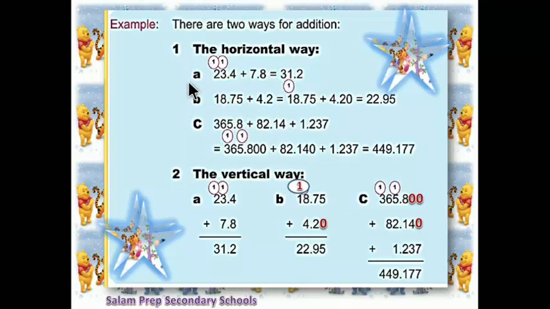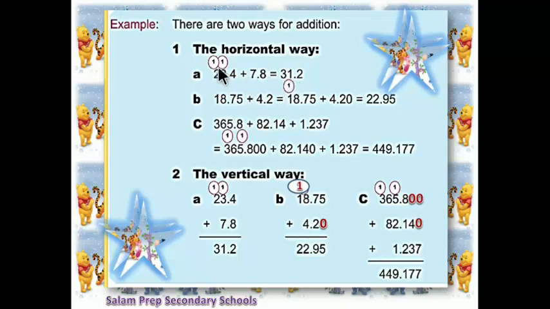The first example for you, 23.4 plus 7.8 equals. In addition, we will start at the right side. Okay? Observe the two numbers have tenths in the decimal part, so we will begin with the tenths part. 4 plus 8 equals 12. Write 2, carry up 1. Please don't forget to put the decimal point.